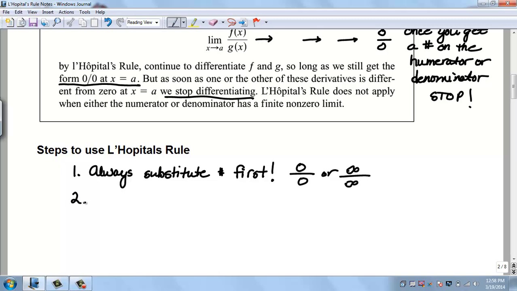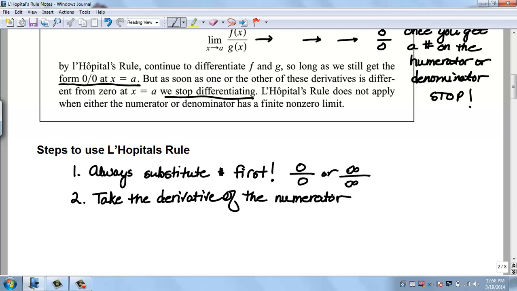Okay? The second thing is you're going to take the derivative of the numerator and then you're going to take the derivative of the denominator.